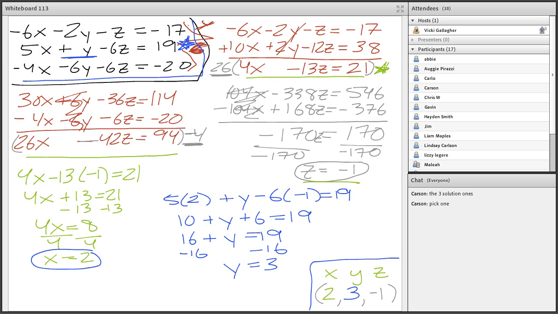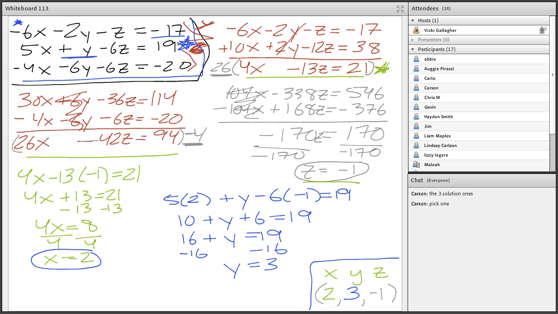When you're all done with these problems, you can go back and check your answers. What you would do is plug these numbers into the original equations up here, and you can just type it in your calculator. So you would type in -6 times 2 minus 2 times 3 minus -1, and then hit the equals button. And we're hoping that it says it's equal to -17. And then you would plug it into the next equation.